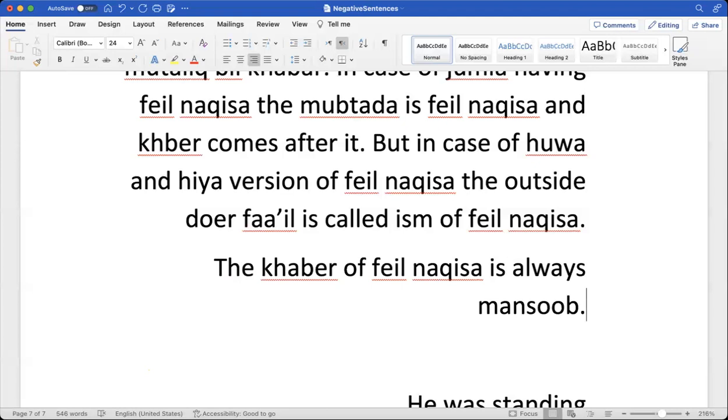So first marfu is mubtada, second marfu in the sentence is khabar. But in case of this jumla naqisa, as it also makes jumla ismiya, how it is different from jumla ismiya is the fi'l naqisa itself is mubtada, and the ism which comes after it, in case of not Hua and Hiya version, exception of is, when they don't have fa'il or they have fa'il, the ism will act as khabar and ism will be mansoob in status. It can become majroor only if there is harf jar for it.